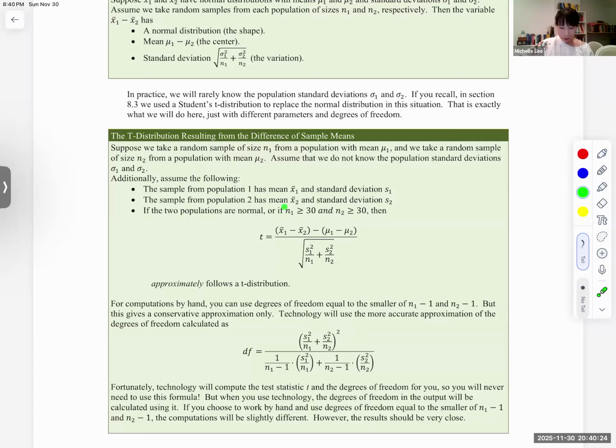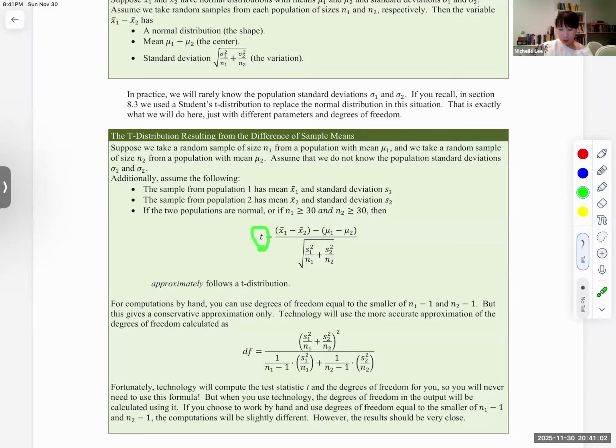Then we check the sample size: the original population is normal, or n sub 1 must be greater than or equal to 30, and n sub 2 also. We have to check the two conditions, n sub 1 and n sub 2, together. So we check one condition here: either the original population is normal, or the sample sizes are at least 30.